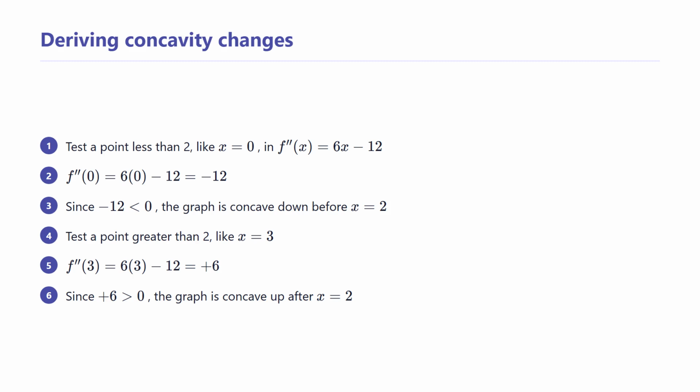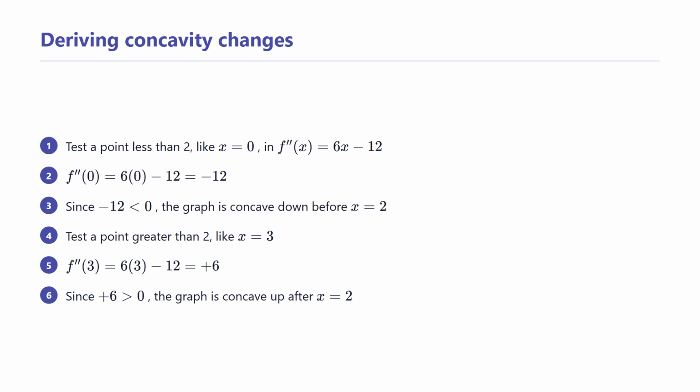Now that we have found our potential inflection point at x equals 2, let us prove how the shape changes around it. We test a point less than 2, like 0, by plugging it into our second derivative. We get negative 12. Because this is negative, the graph is concave down, spilling water like an umbrella before x equals 2.